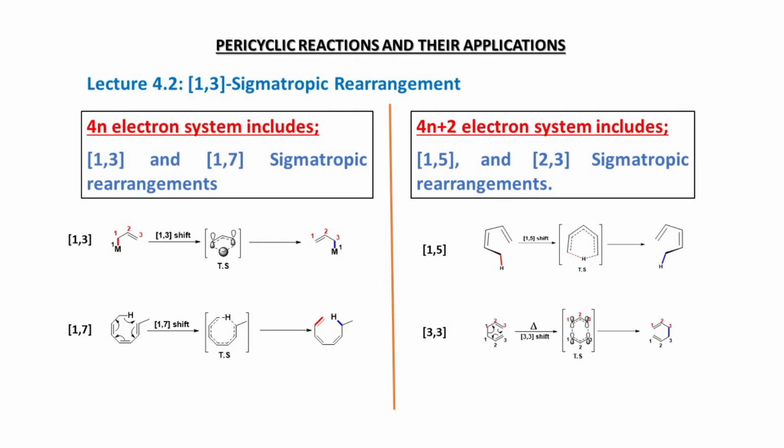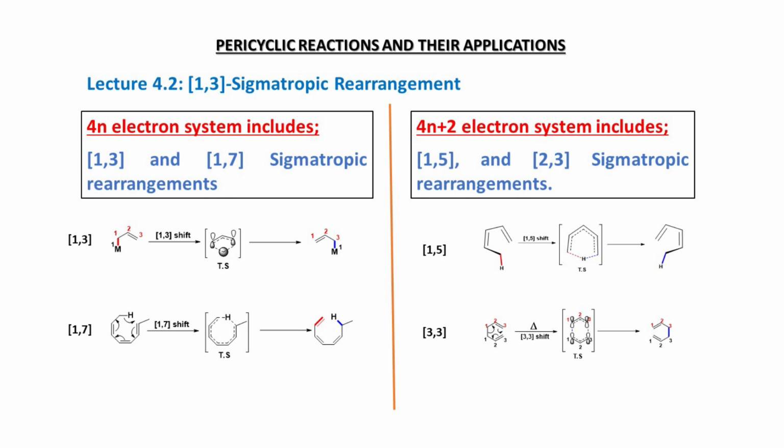Please note that whether we talk about 1,3 or 1,7 or 1,5, whatever the sigmatropic rearrangement reaction may be, there is an equal participation of the pi electrons besides the participation of the sigma electrons, the sigma bond. Therefore, it is mandatory to represent those systems as either 4n electron systems or 4n plus 2 electron systems, instead of 4n pi electron systems or 4n plus 2 pi electron systems.